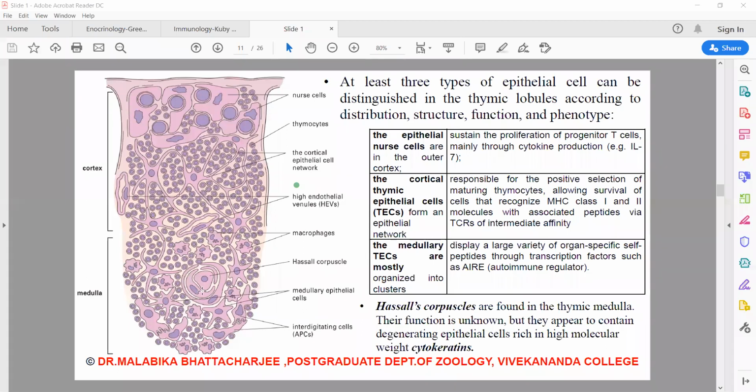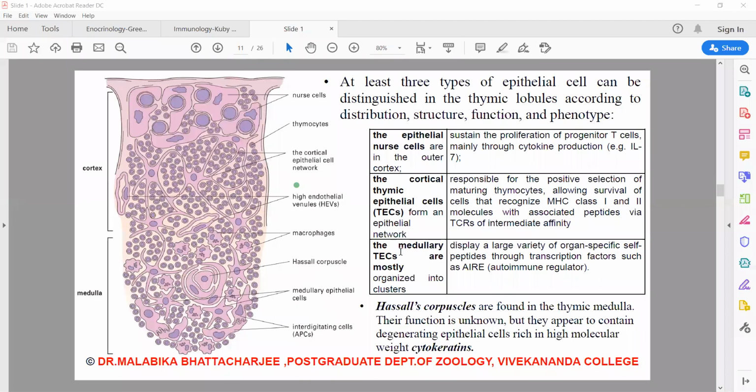Another important thing to be noted is that in the medullary region, these epithelial cells produce a transcription factor known as autoimmune regulator, AIRE. As I said previously, negative selection occurs where the T lymphocyte is taught which is a self-antigen and which is not a self-antigen.